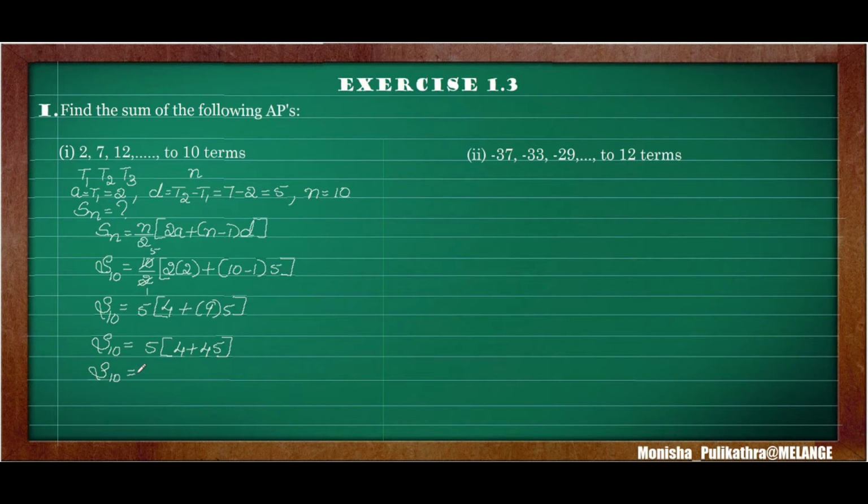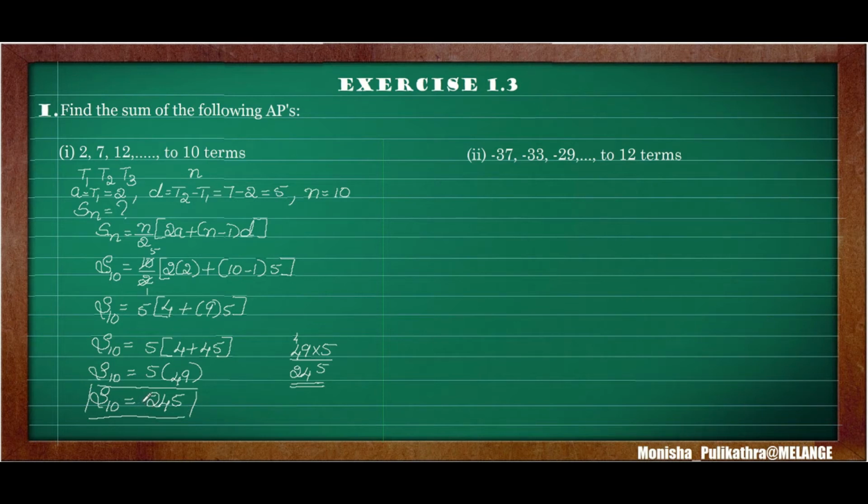So S10 is equal to 5 into 4 plus 45 is 49. Then we need to multiply 49 into 5. 5 nines are 45, here will be 4 carry, 5 fours are 20 plus 4 is 24, that is 245. So S10 is equal to 245. This is the sum of 10 terms.